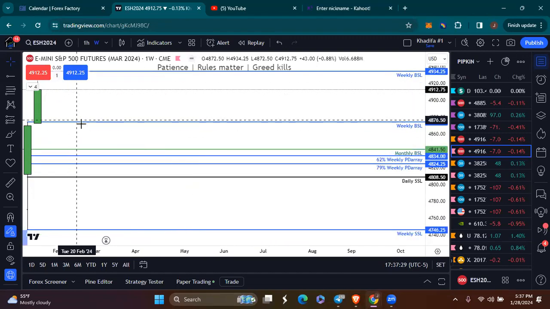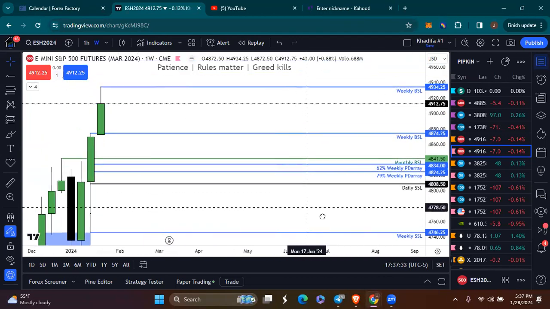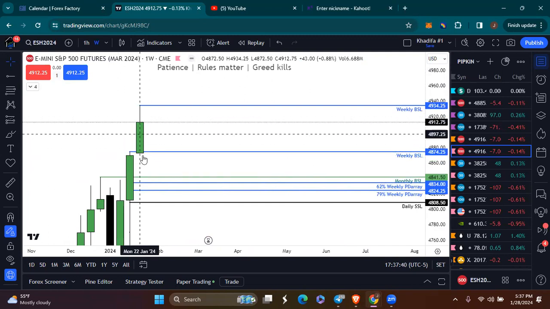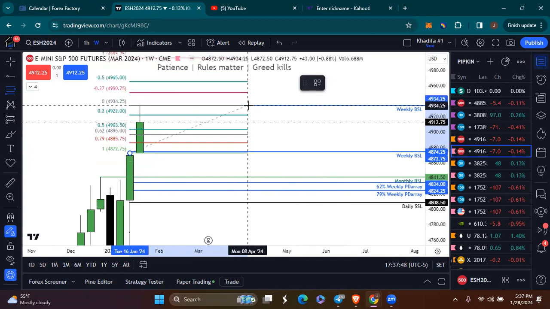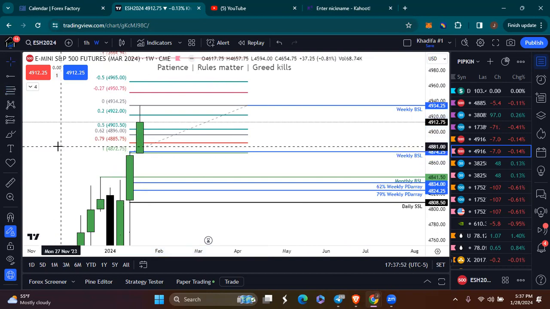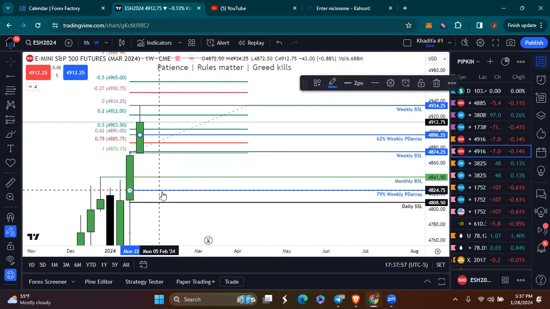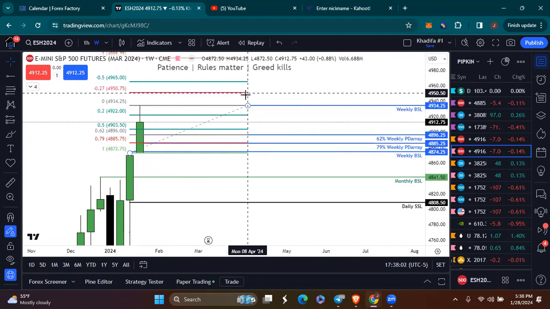So I would like to see us pull back at least to the discount PD array of last week's weekly candle, right? At least. Here, we gonna rock like that.